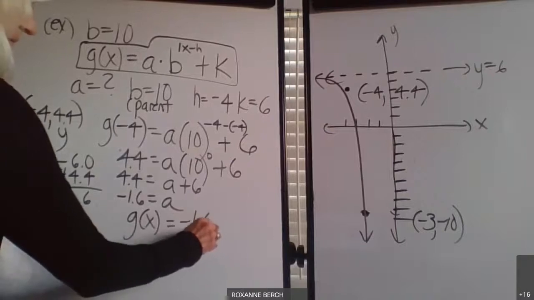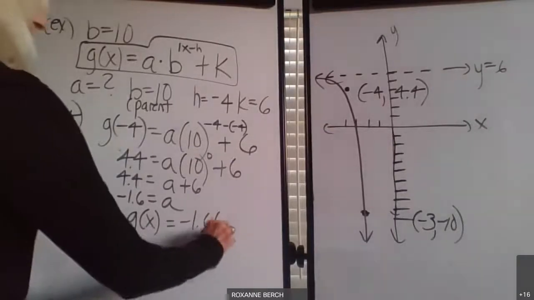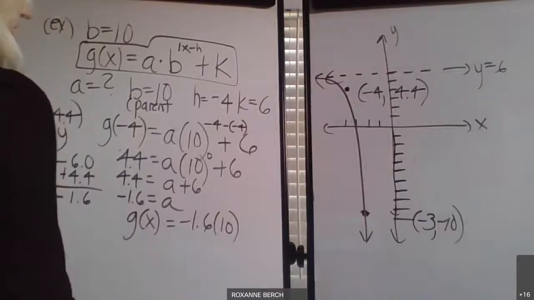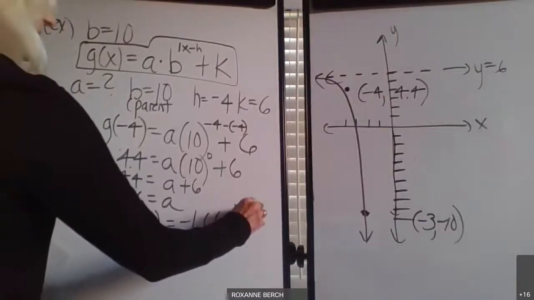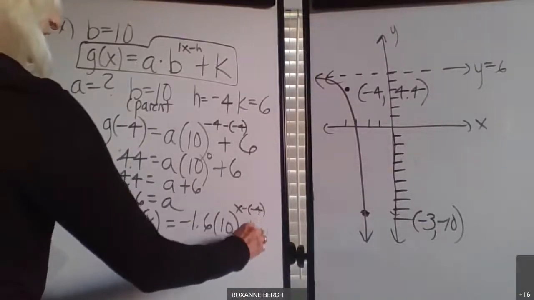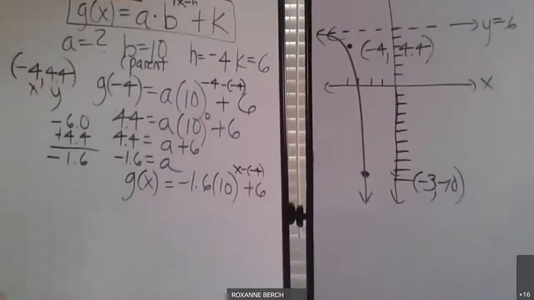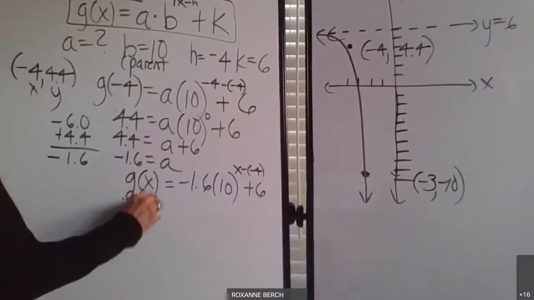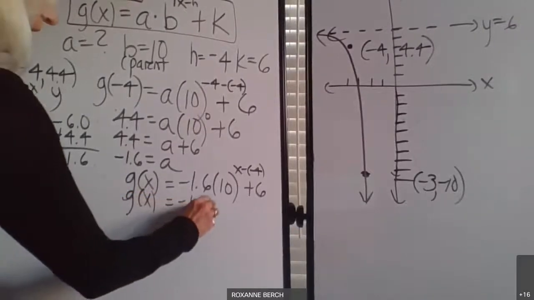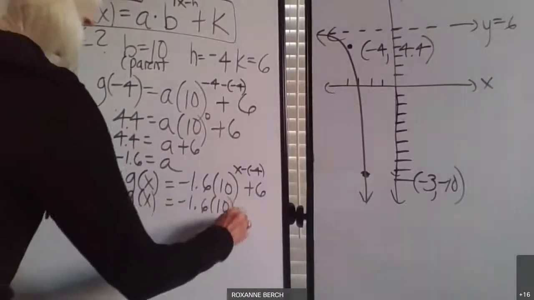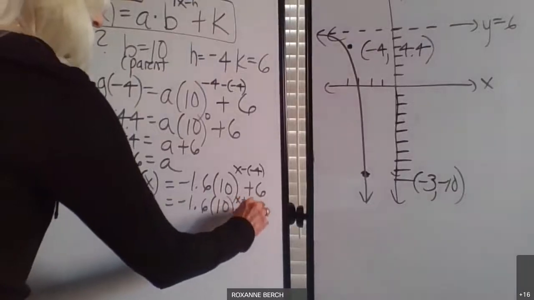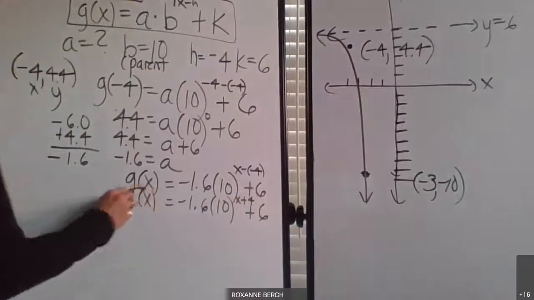A times the parent to the x minus -4 plus 6. So our final answer is -1.6 times the parent to the x plus 4 power plus 6.